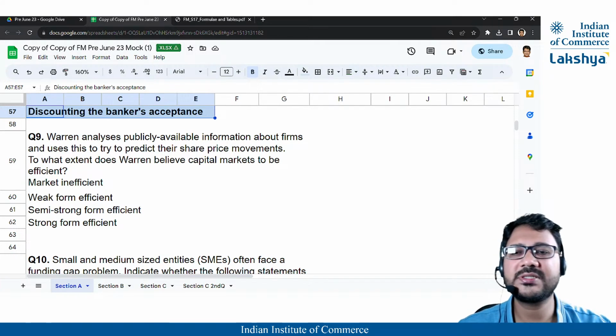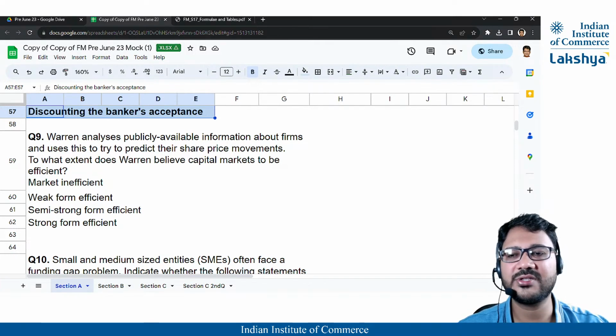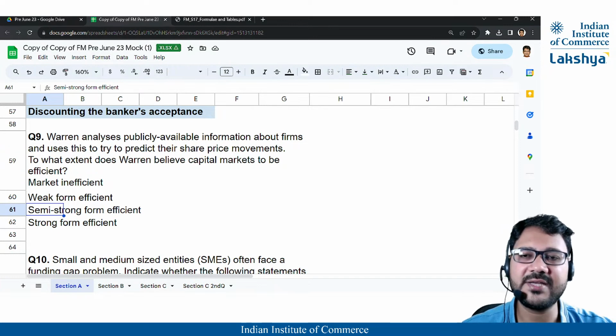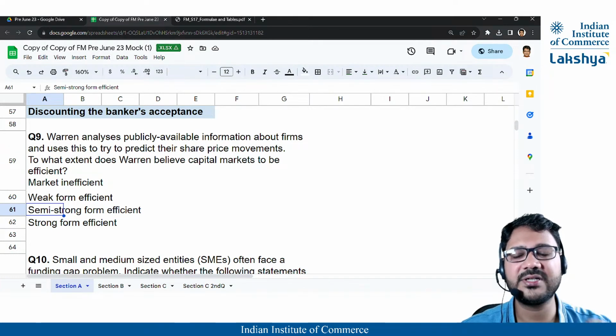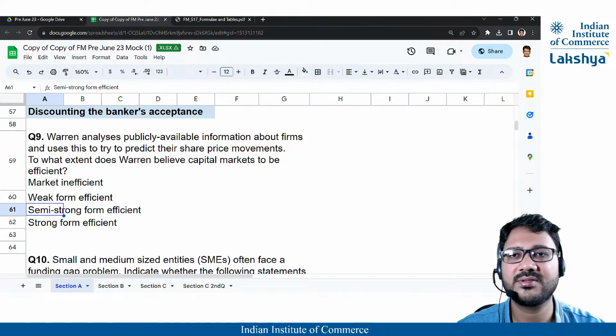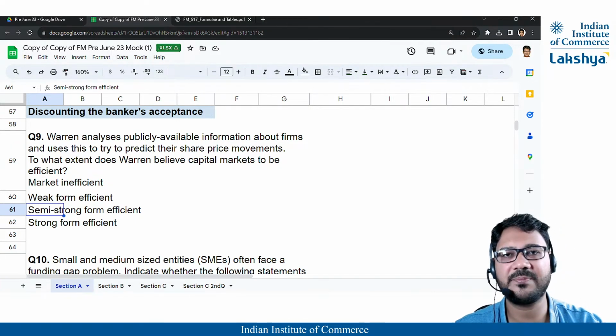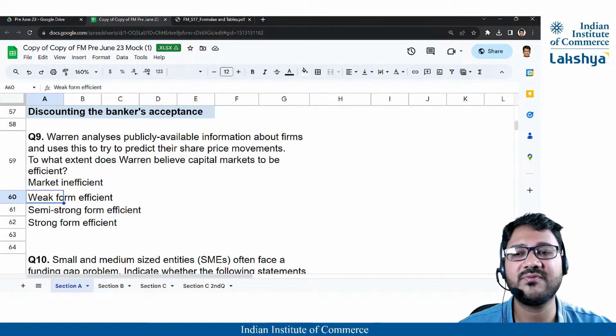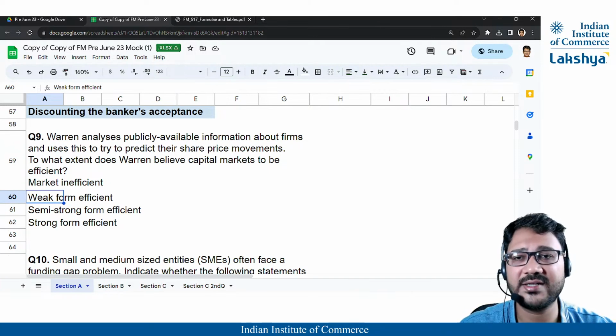All of these three kinds of information are built into the price in the strong form. Now, the moment somebody reads publicly available information, they will move on to semi-strong and mark this. However, if Warren believes that public information is already built into the price, then there is no point analyzing it. What he's trying to do is fundamental analysis, and fundamental analysis works in weak form of efficiency, wherein only the past information is factored in.